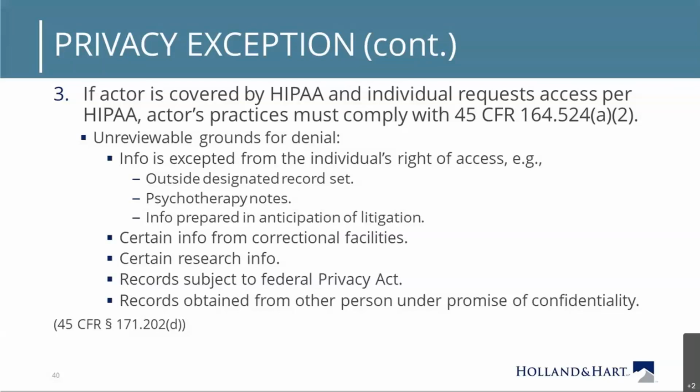Those aren't just healthcare decisions, those are any decisions about the individual. If it's outside that information that's used to make decisions about the individual, then it's outside the designated record set, the patient doesn't have a right of access, and you can deny their right of access under the information blocking rule if you're covered by HIPAA.